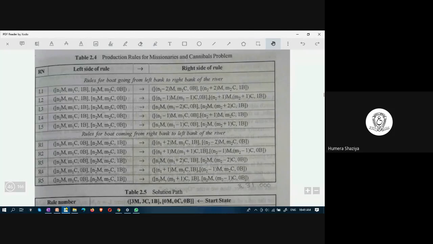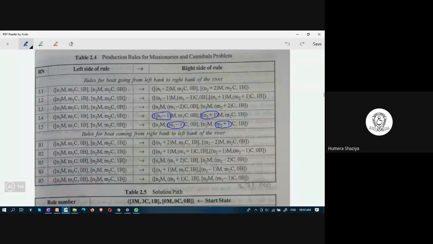Do you see here? This one, N1 minus 1, N2 plus 1, means taking one missionary to the other side. This one, M1 minus 1, M2 plus 1, means taking one cannibal from one side to the other side. This is about left to right.